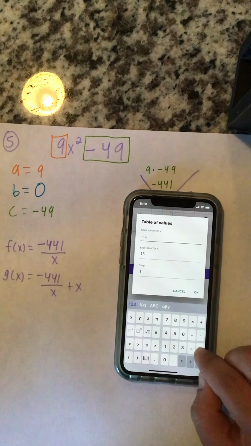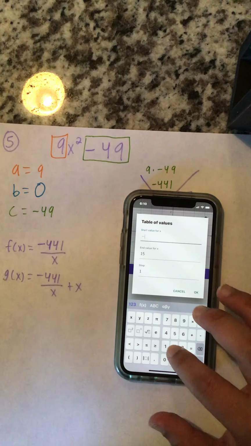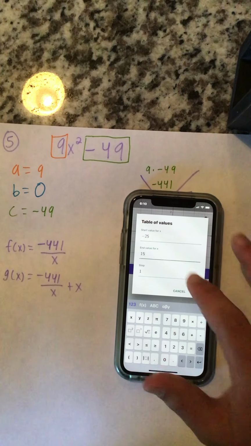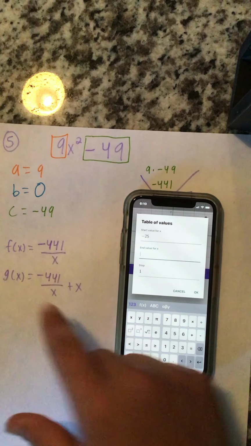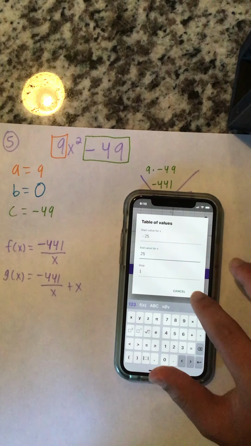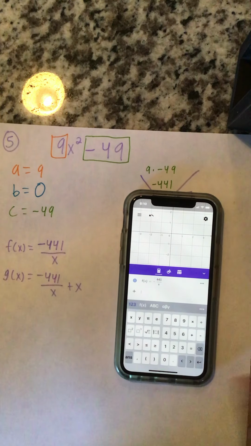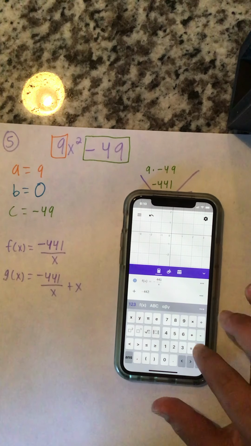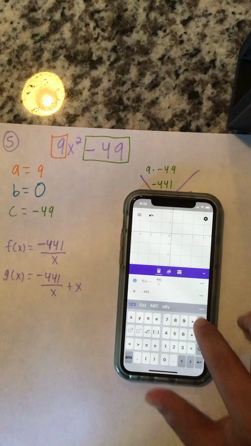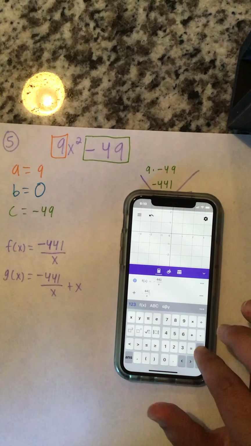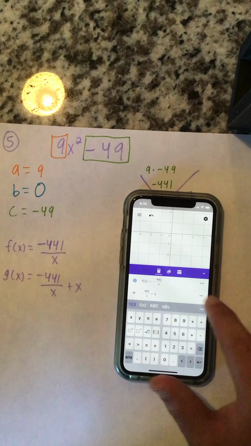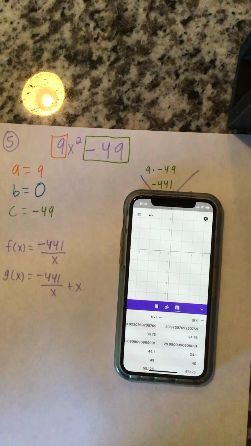So I'm going to change it to negative 25. The only reason I'm doing it is because the numbers on top are bigger, so my data might be a little bigger. Let me go to calculator, second equation, negative 441 over x plus x, just like that. 3 dots, table, boom, we got it.